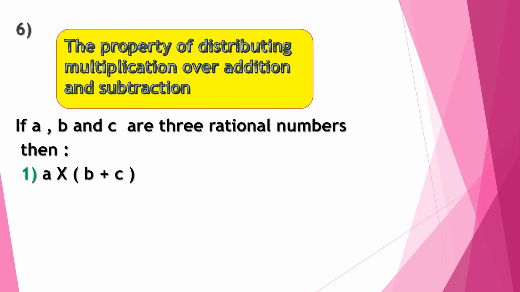So we can distribute this rational number by timing it by each number inside the bracket, as follows. It will be a times b plus a times c, and this is the distributing of multiplication over addition.